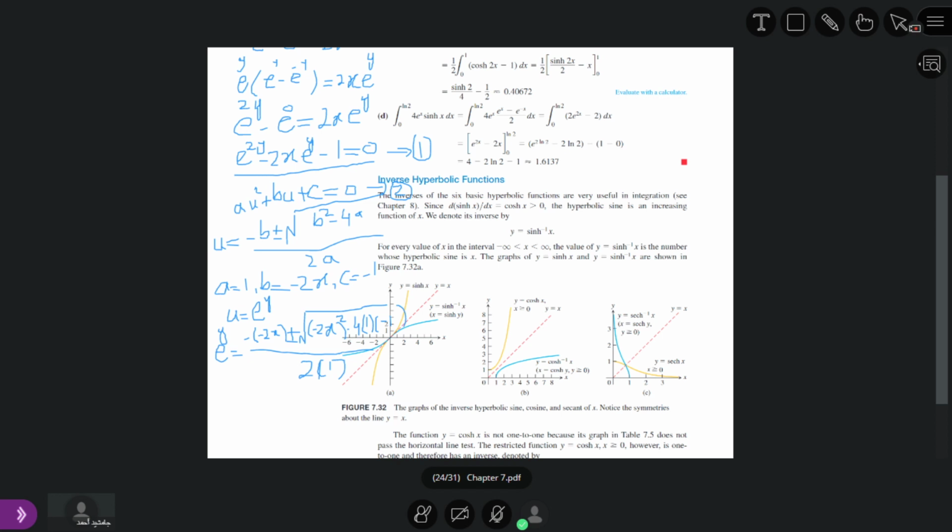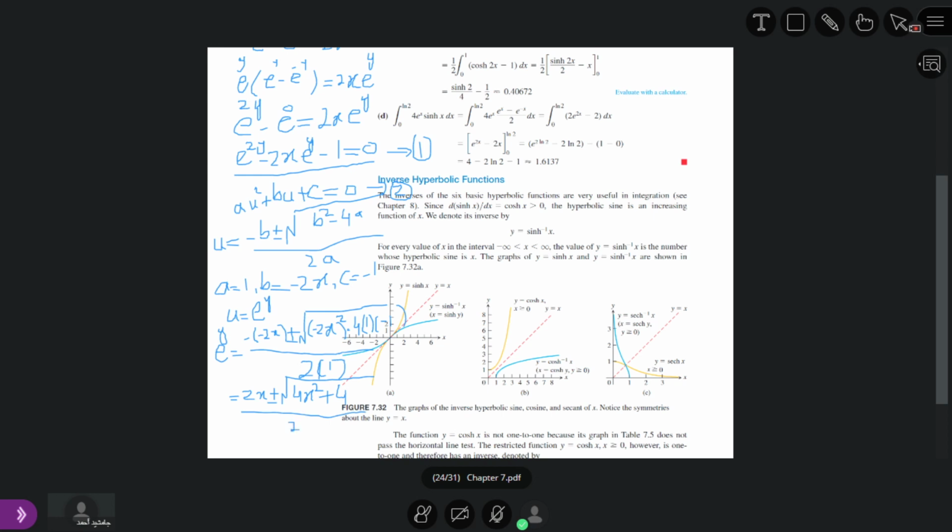That is why we get here 2x plus minus square root of minus 2x whole square, which is equal to 4x square. Now here the value of c is negative, so minus minus becomes plus 4, 4 1 is 4, divided by 2.